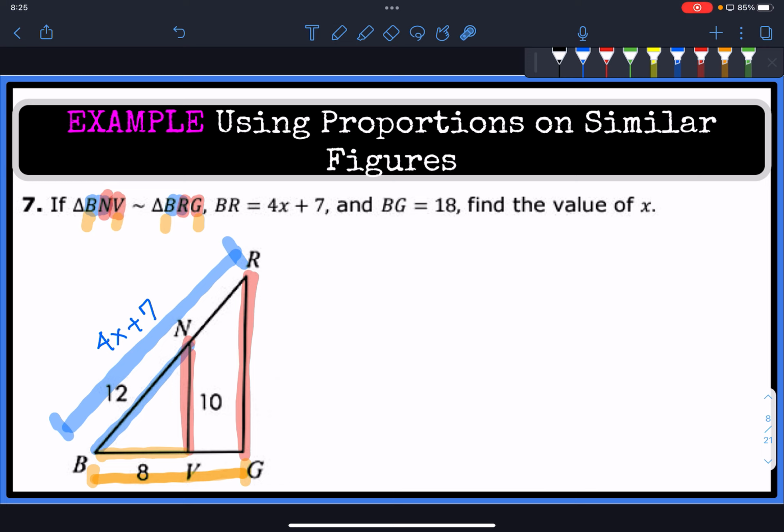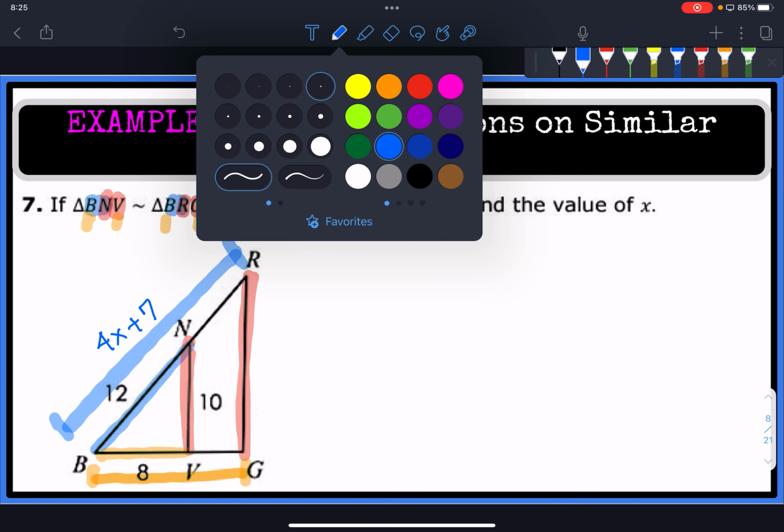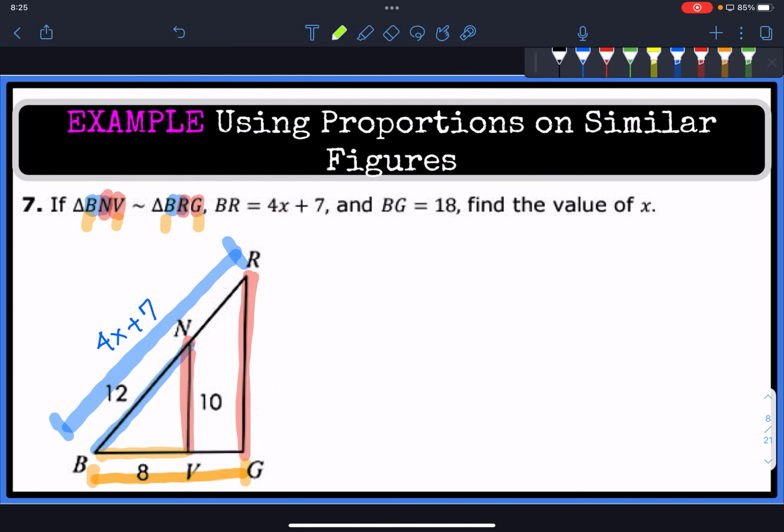Let me get an orange pen. Is that orange? Yeah, it's close enough. That distance is 18. So this entire distance right here is 18. So B to G is equal to 18.